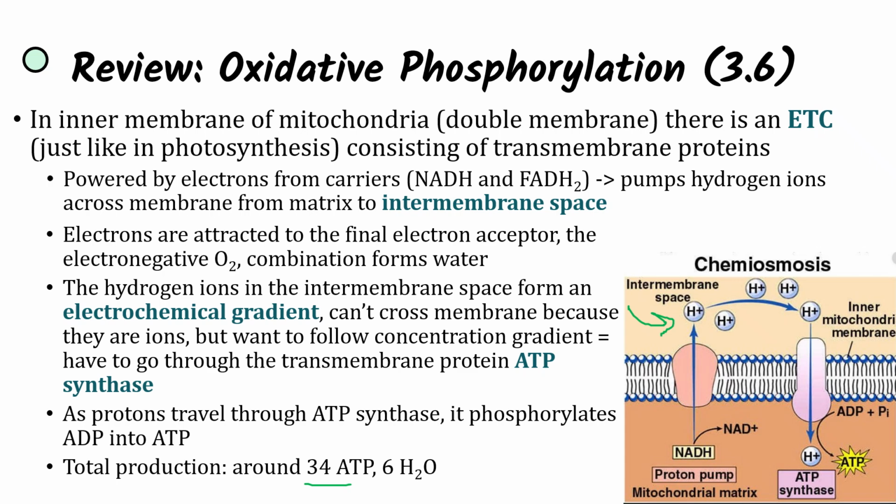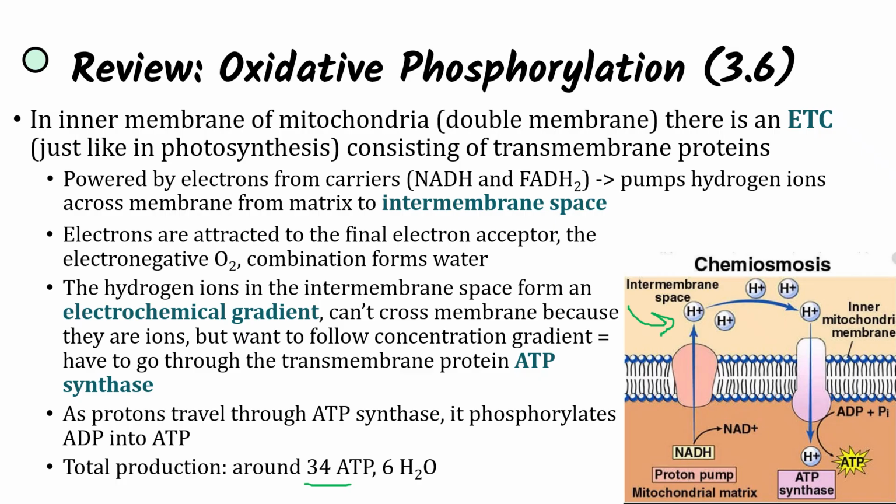So this chemiosmosis, this oxidative phosphorylation, is going to be the part where you're making all of the ATP out of aerobic respiration. And obviously this is going to evolve because larger organisms need more energy, and this is made possible through the atmosphere created through photosynthesis.